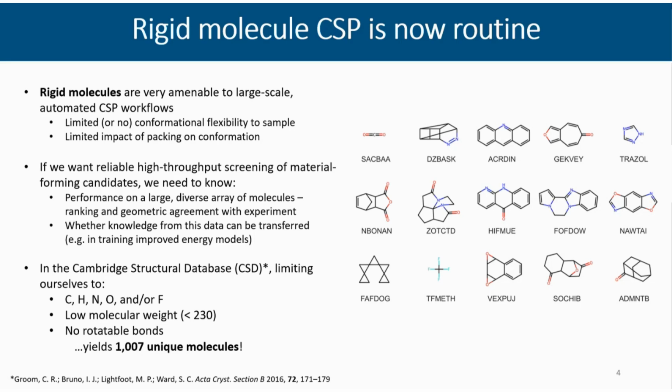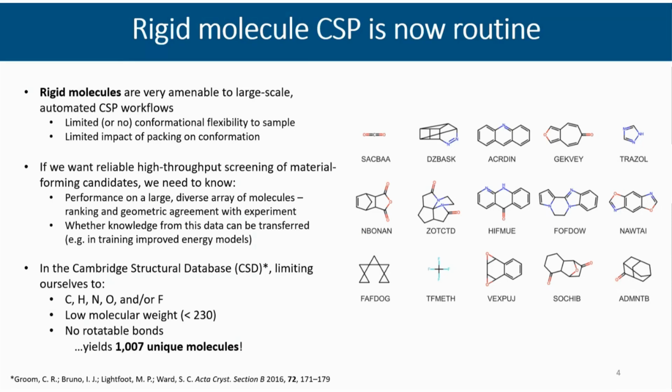And when we say performance, this is talking about both the energy ranking and the geometric agreement with known forms. And we also want to know whether the knowledge that we get out of our CSP workflows is transferable. For example, can we apply AI or machine learning techniques to the data that we get in a way that is then generalizable and transferable to other systems?